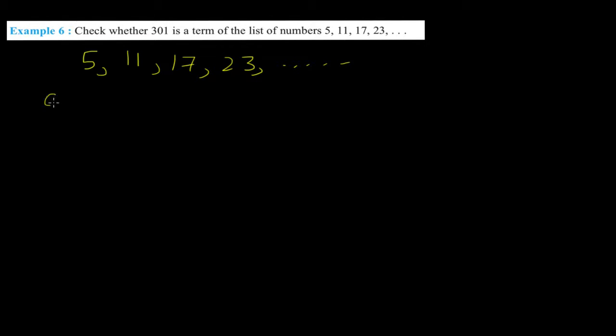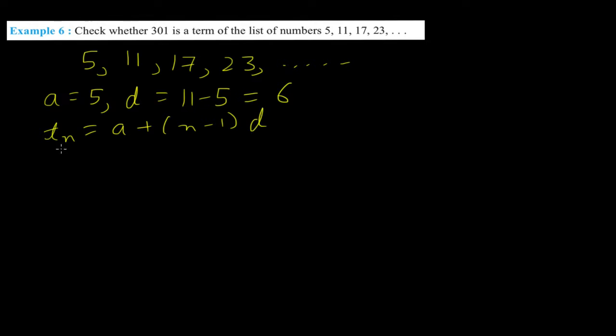Again we start with a as 5, d as 11 minus 5, 6, and we write the general term tn as a plus n minus 1 times d. So we assume this 301 to be the nth term and we try to find the value for n.